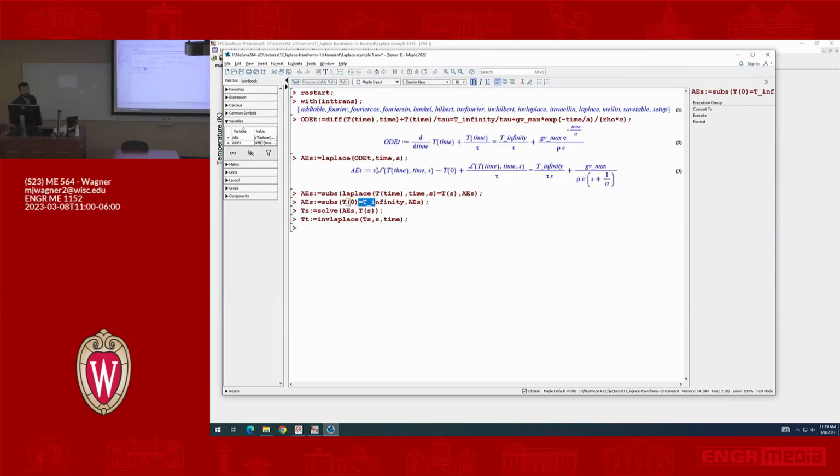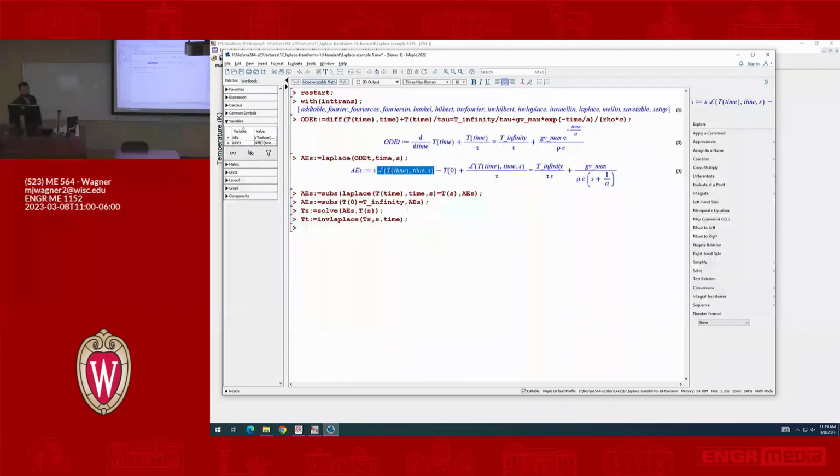Before I do that, I don't want to carry through the entire solution with this longhand representation of Laplace. So wherever this thing appears, I just want to sub it out and call it something else. I'm just going to call it T of S. You could call it T hat of S or whatever you want, but you need to denote in some way that it is functionally dependent on S. So we'll just call this T of S, and then it's not carrying around that thing everywhere.